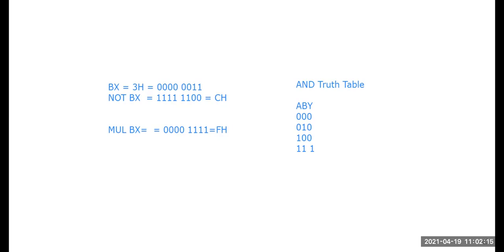Move ax and bx will be there, but here it will be NOT ax, which means ax equals to x bar. This line will be NOT ax, and the meaning will be ax equals to x bar. And finally, when we AND ax, bx, then we will get x bar y, just like the previous one.